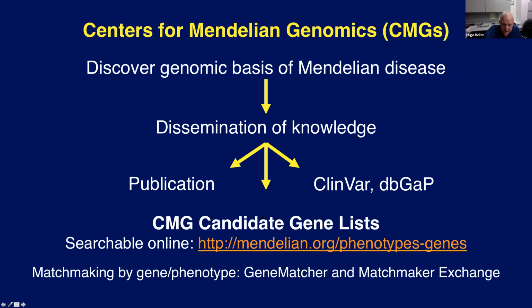And so they create a candidate gene list that you can look up, and this seminar will be posted, so you can look up these databases and see if any of the genes you're interested in are present in this database. You can also use GeneMatcher and Matchmaker Exchange, which I'll talk about briefly.